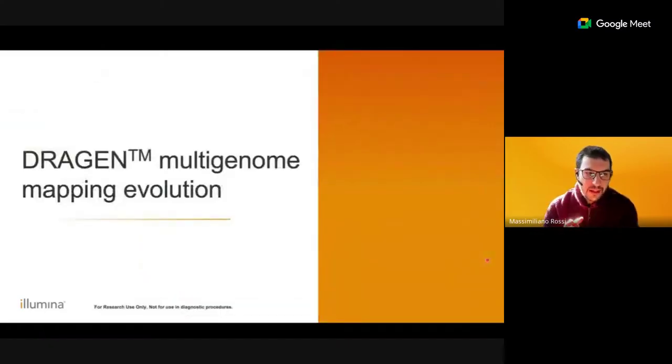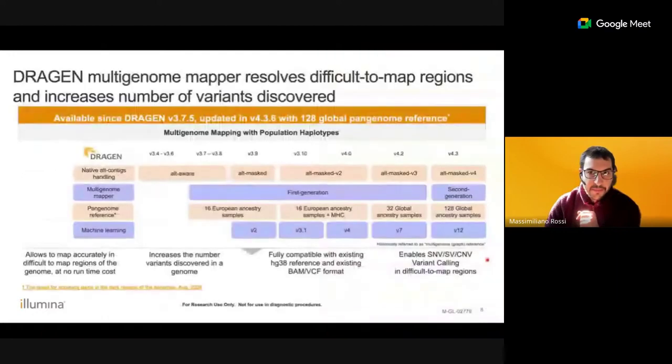But I promised to talk about the multi-genome mapping and the pan-genome reference. So let's now dive into a bit of the history of the multi-genome mapping in Dragen over the years. Here I have a table that describes the evolution of four major components of Dragen: the multi-genome mapper and the pan-genome reference, as well as machine learning and the native alt handling.